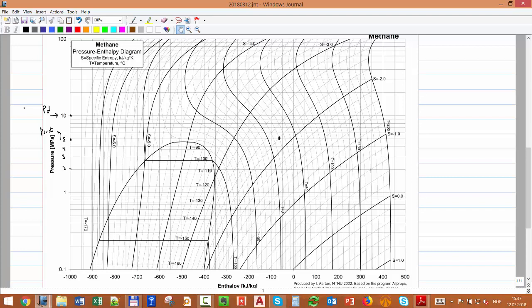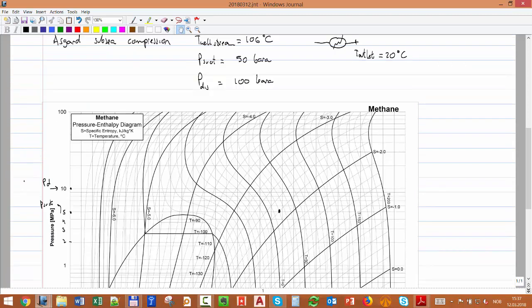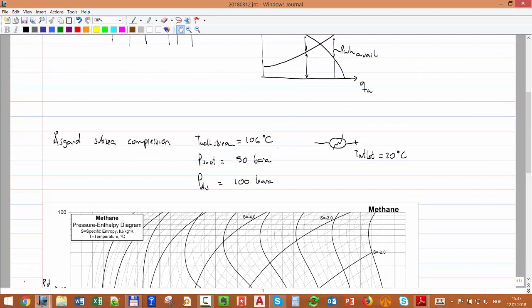Now, how do we locate the other point? The other point we know is going to be on this line, but we don't know the temperature of that point. The inlet temperature from the well stream is 106, and if the cooler operates very efficiently, everything is perfect, it will go down to 20.